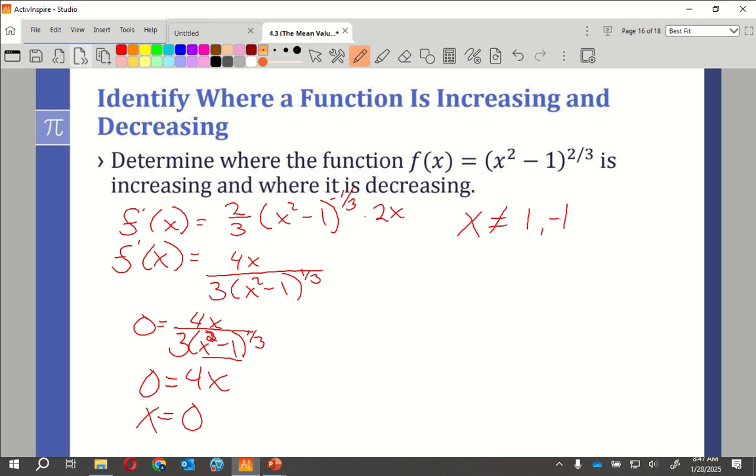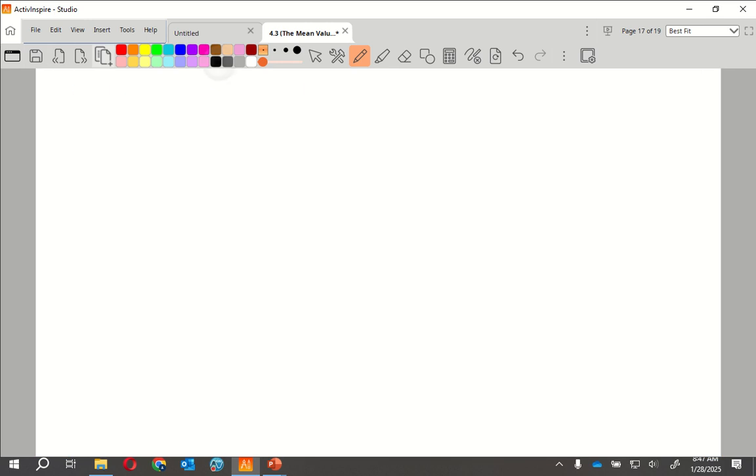So I have 3 places on this one. So for my graph, I'm going to start by graphing this. So those are my critical points right there. And now I'm going to check those critical points.